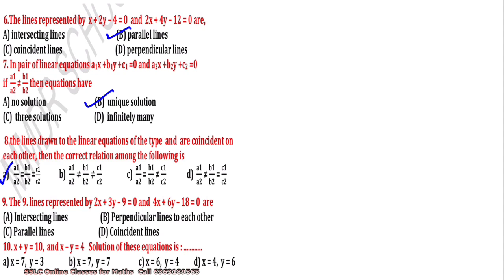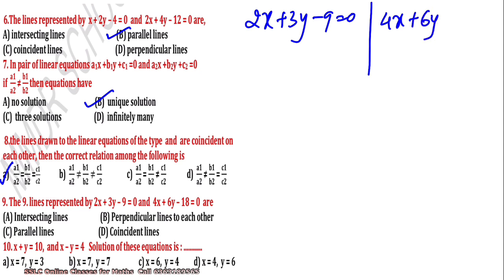Question number 9. The lines represented by 2x plus 3y minus 9 equal to 0 and 4x plus 6y minus 18 equal to 0 are. See the lines now. 2x plus 3y minus 9 equal to 0, and one more line is 4x plus 6y minus 18 equal to 0.